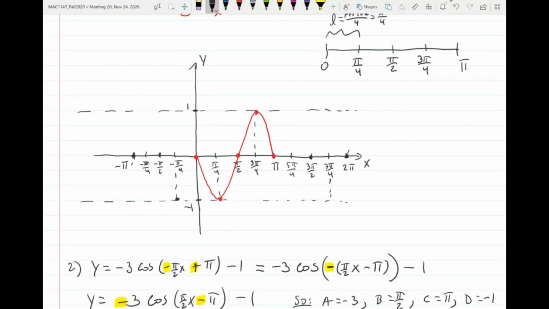So again down, middle, up, and then back to the middle. Keep going this way, and then same thing to the left. It's going to go down, middle, then up, and then back to the middle. It keeps going that way. Okay.